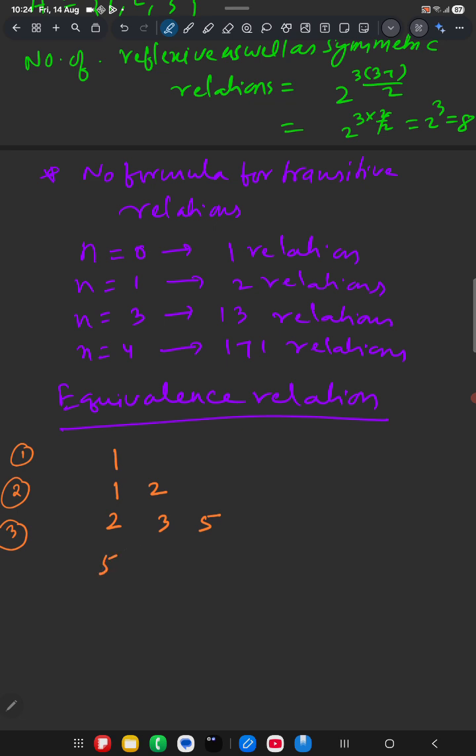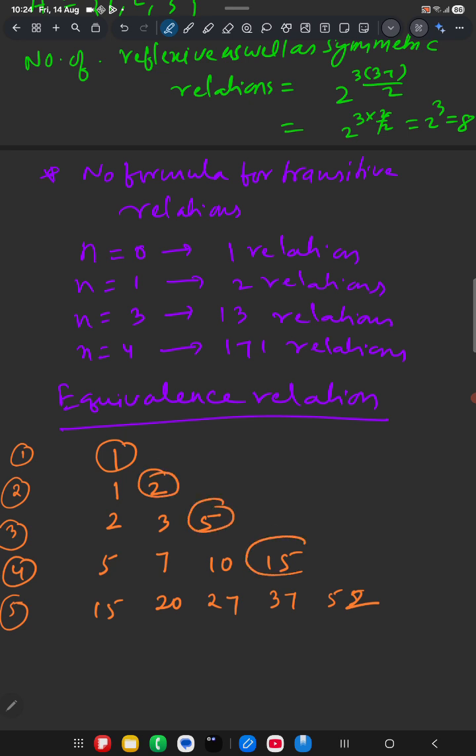Then 5 comes here. Then 5 plus 2 is 7, 7 plus 3 is 10, 10 plus 5 is 15. This is for 4. In this way it works. Again you bring down 15: 15 plus 5 is 20, 20 plus 7 is 27, 27 plus 10 is 37, and so on.